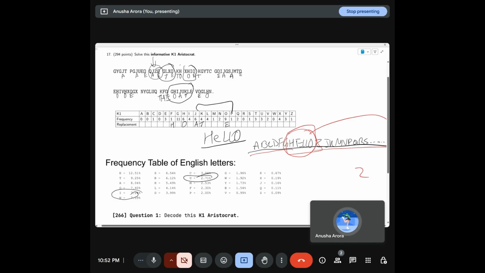So if I guess L is an I, and we have an L over here, an L over here, and 1 here. So this looks like period, with G being our R.